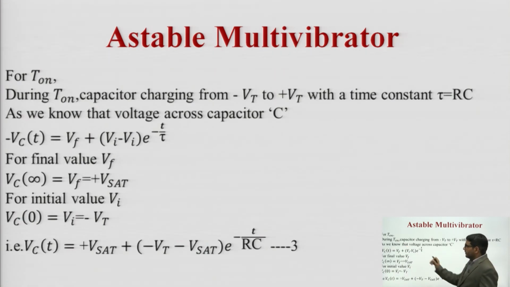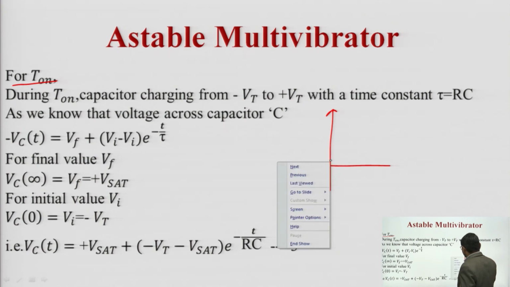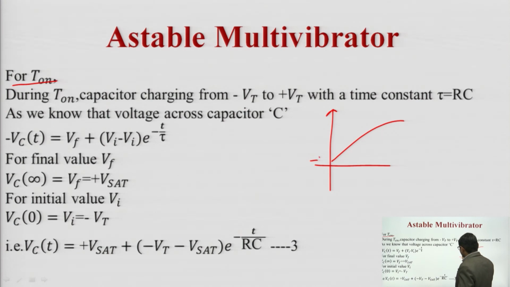Now, next for the t on time, this is the case of charging of the capacitor. The capacitor will charge from minus Vt to plus Vt, this is the Vct, and here we consider the time t on on the t axis.